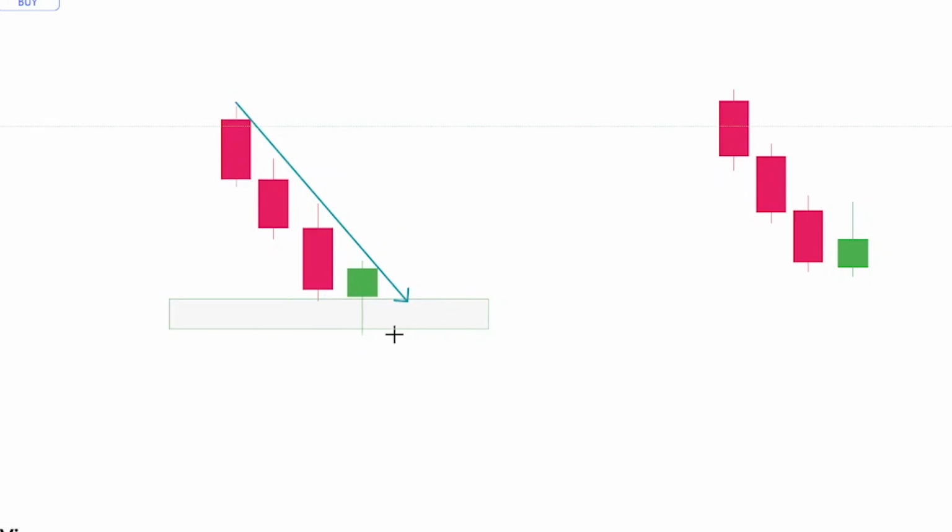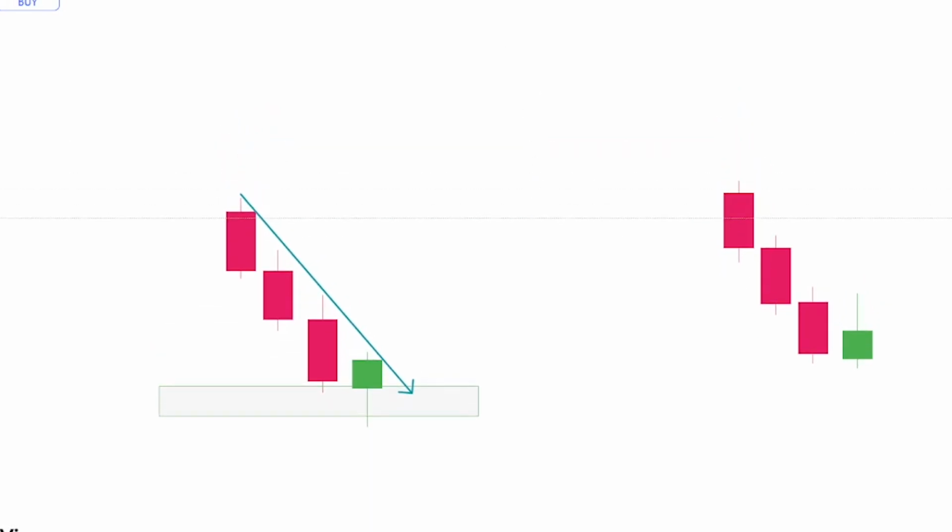This will appear from the areas of reversal or from the areas where we are expecting the market to be retracing from, where we are looking for entry to go for buy. For example, in the trend continuation, we are in the uptrend, making higher highs and higher lows.